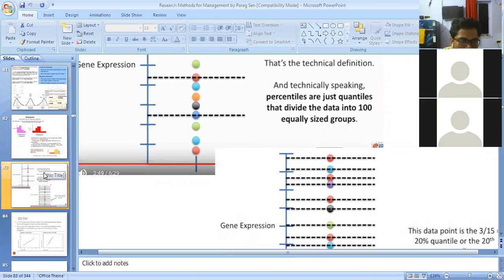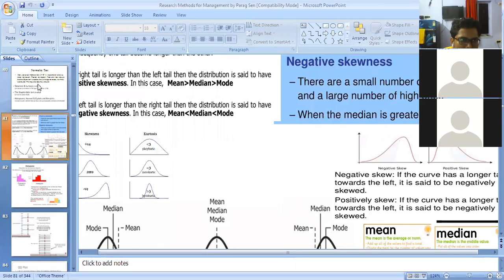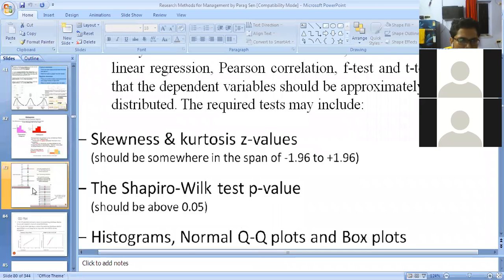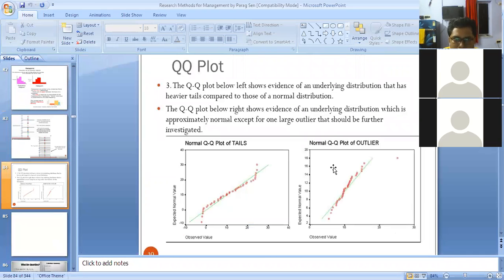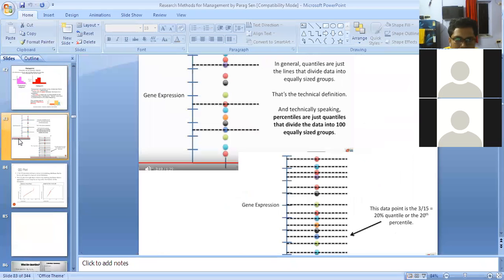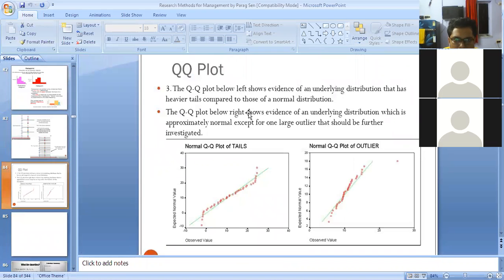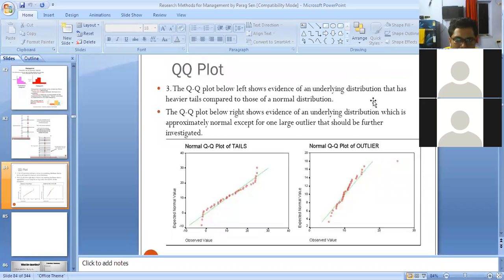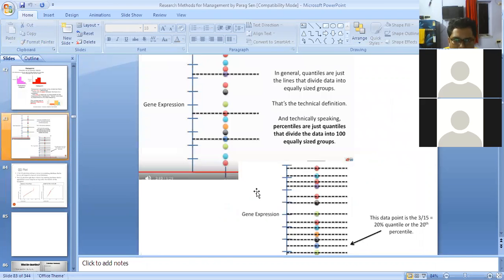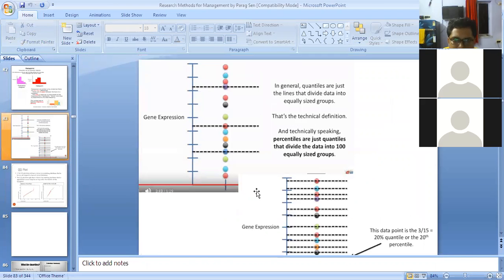Now there is another terminology, the normal QQ plot. The QQ plot is known as the quantile plot.